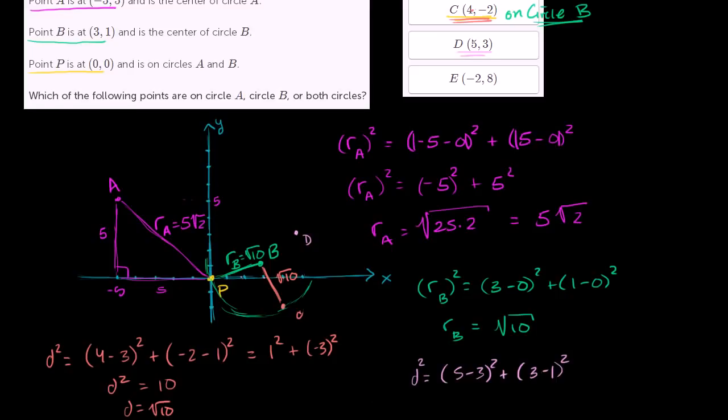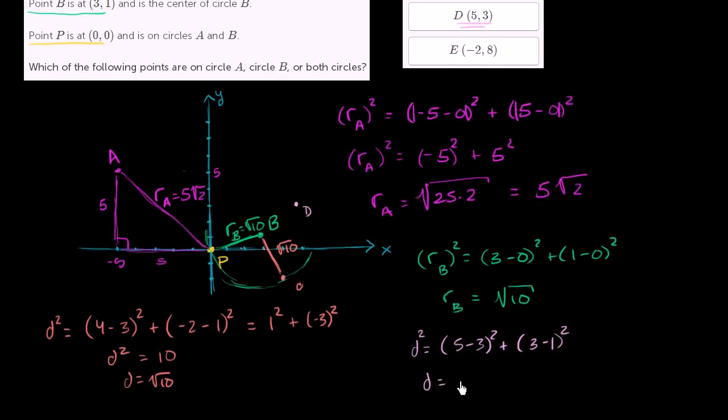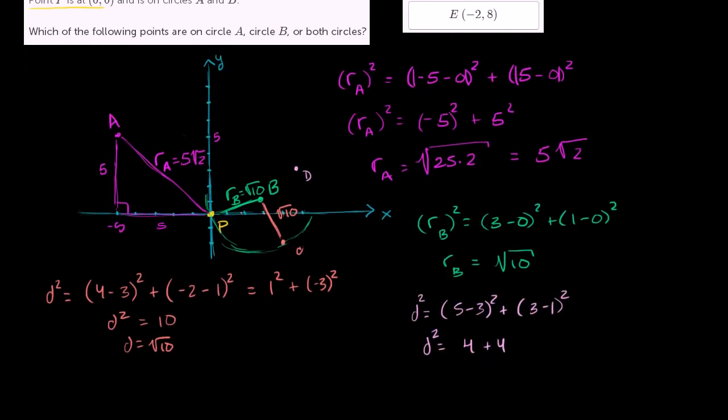And so our distance is going to be equal to, actually I don't want to skip too many steps. This is 2 squared, which is 4, plus 2 squared, which is another 4. So our distance is going to be equal to the square root of 8, which is the same thing as the square root of 2 times 4, which is the same thing as 2 times the square root of 2. Square root of 4 is 2, and then of course you just have the 2 left in the radical.